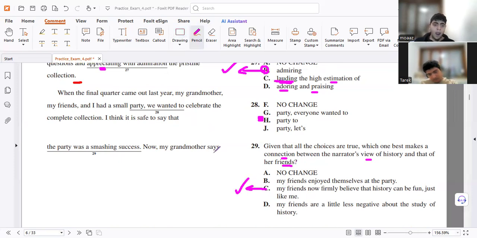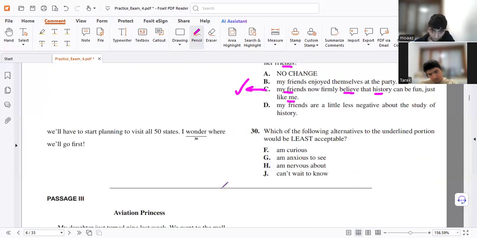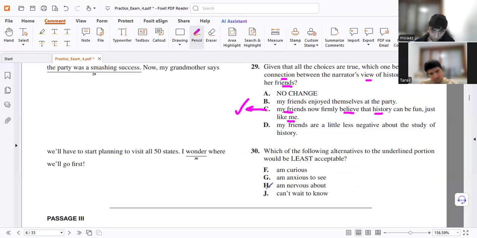Let's see the correct one. See that, my friends? Yep. Like me. Good job. And of course, we're talking about yesterday. Now, number 30. Least means not. For 30, I put J. Wrong, my friend. Again.